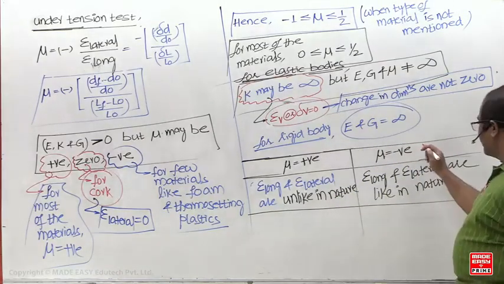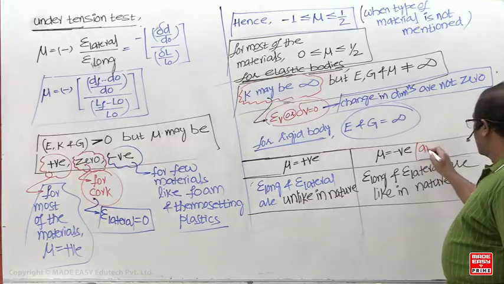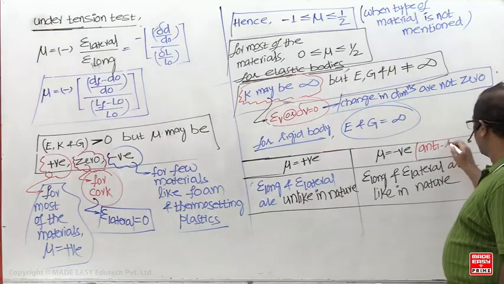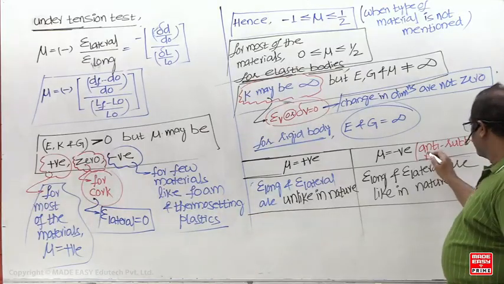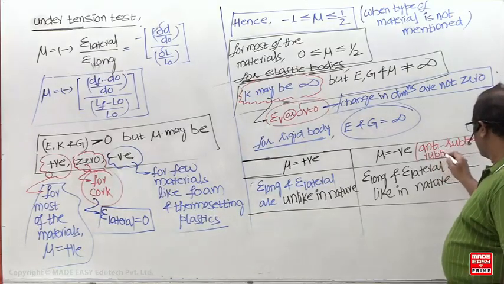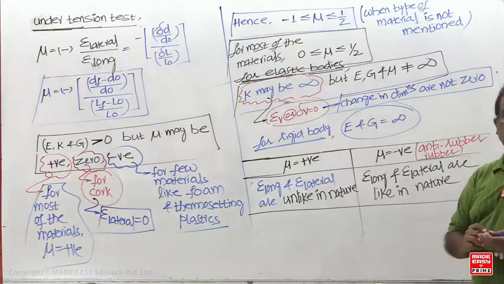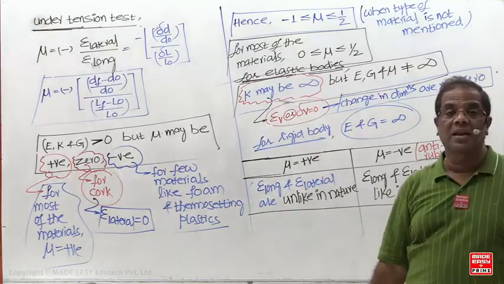When mu is negative, these materials are called anti-rubber, or they are called dilational materials.